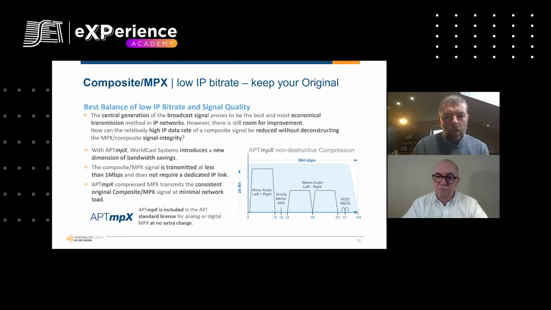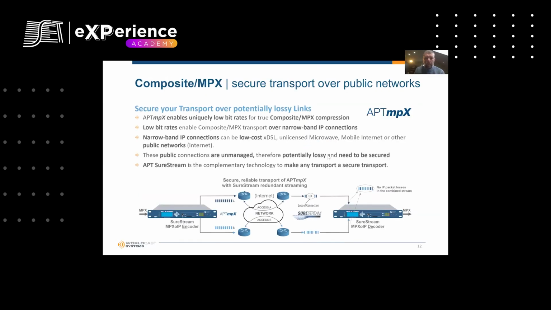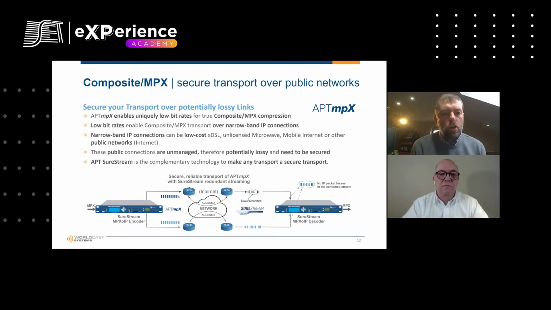digital or analog and digital MPX composite compression scheme. That has enabled us to use our existing SureStream technology, which has been around for many years, mostly to protect audio baseband links between studio and transmitter sites. But now, because of the reduced bandwidth requirements with APT-MPX, down from 2 megabits on the linear scheme to just over 800 kilobits, we can protect the composite MPX delivery into your transmitter site over dual links using the SureStream technology, which is a redundant streaming technology.